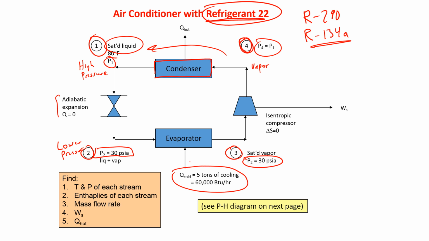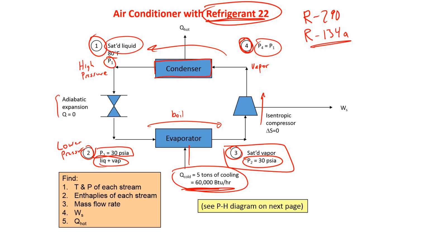We're going to boil it, so this is going to be liquid plus vapor, at a very low temperature, and that's going to extract the heat from our home or automobile, and turn it into saturated vapor, which then we're going to compress.